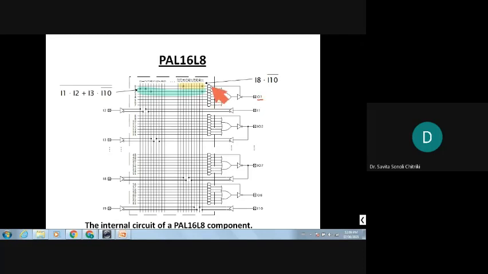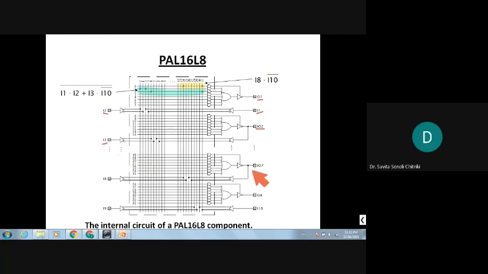Output 1. Input 1, input 2. See, some are multiplexed. IO2, input output 2. Both input and output 2 is there. I3.